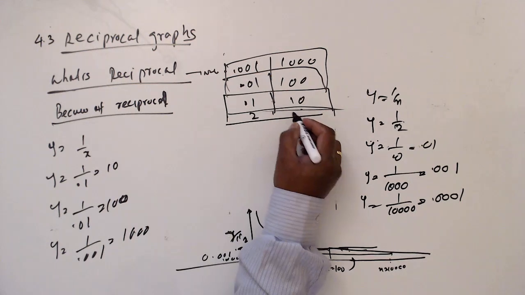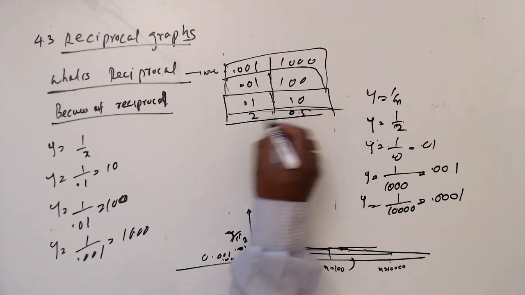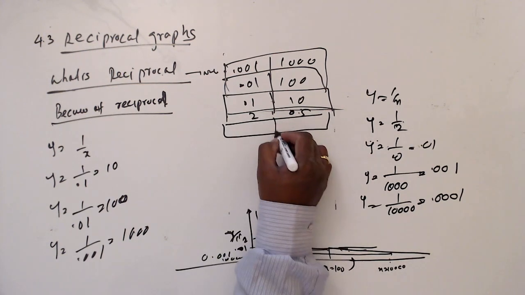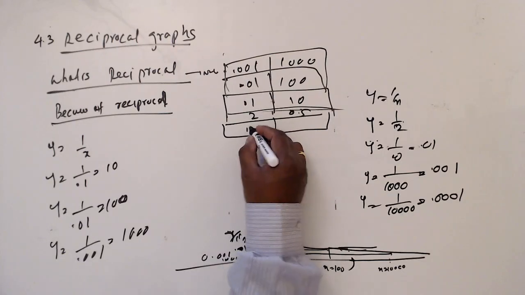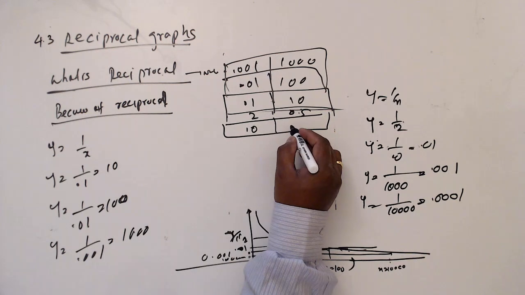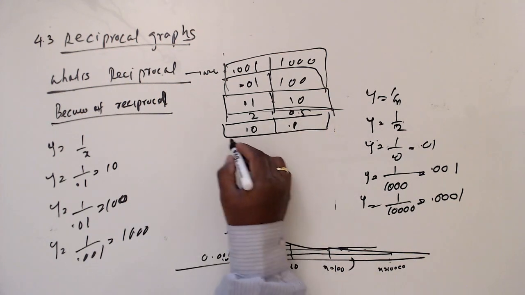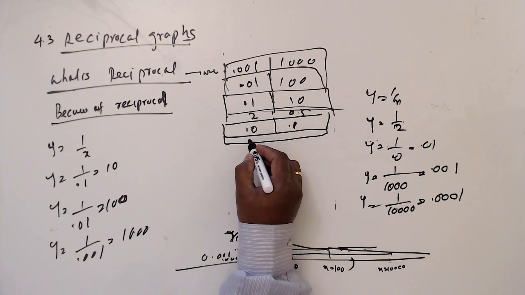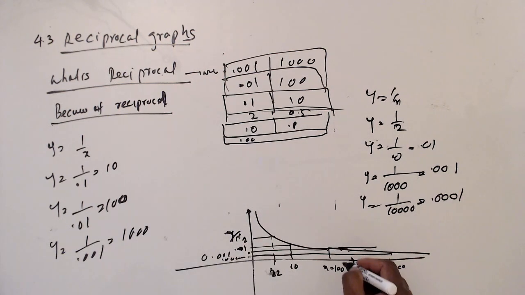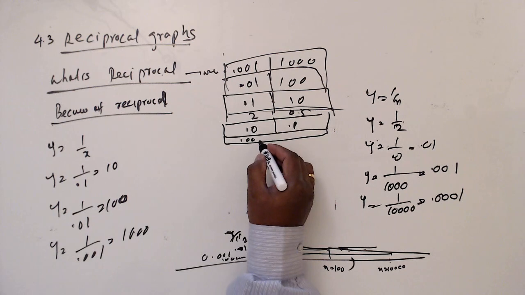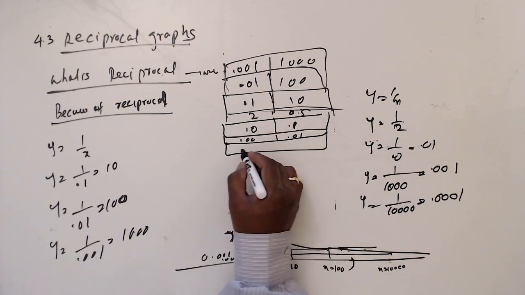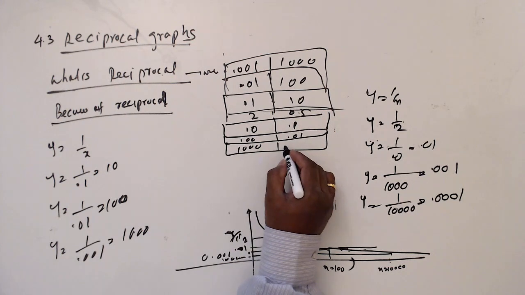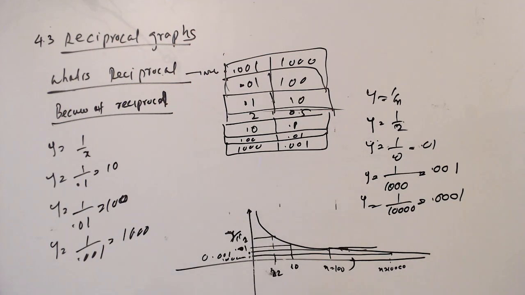I put 2, which is 0.5. Then I put 10, this is 0.1. Then 1000, which is 0.001.